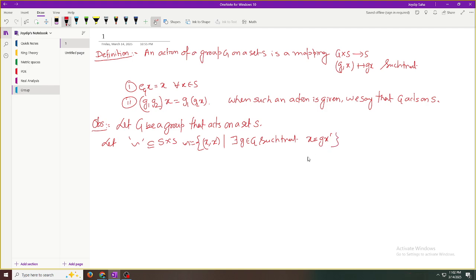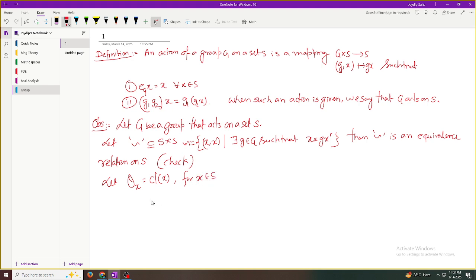Then this is an equivalence relation on S. Check. Let Ox equals to class of x for x belongs to S.